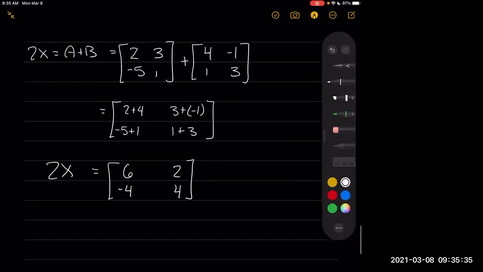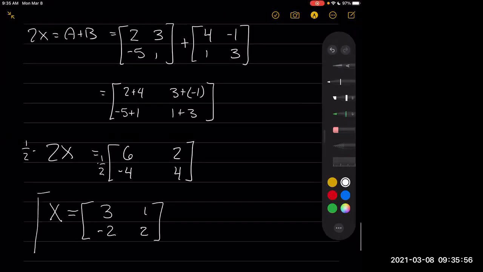So now we need to divide by 2 on both sides, which is the same as multiplying by 1/2. So we have X equals, when we divide all of these entries by 2, 3, 1, negative 2, 2.